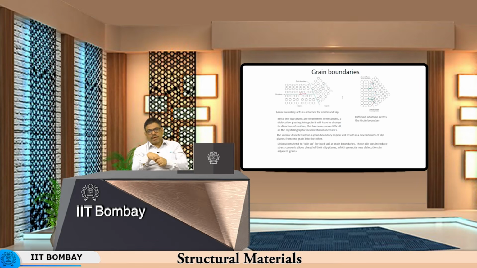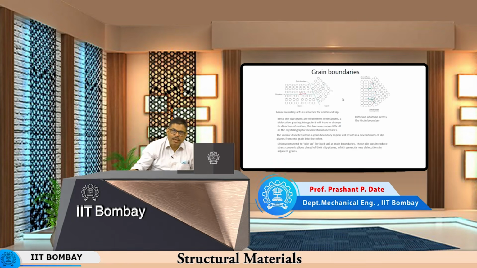Vacancies particularly matter a lot when the material is deformed at high temperature. That is the reason why we should study vacancies. So all these defects have a role in promoting permanent deformation in the material, be it at room temperature or at high temperature. We will talk more about the role of these defects and the management of these defects in a few lectures to come.